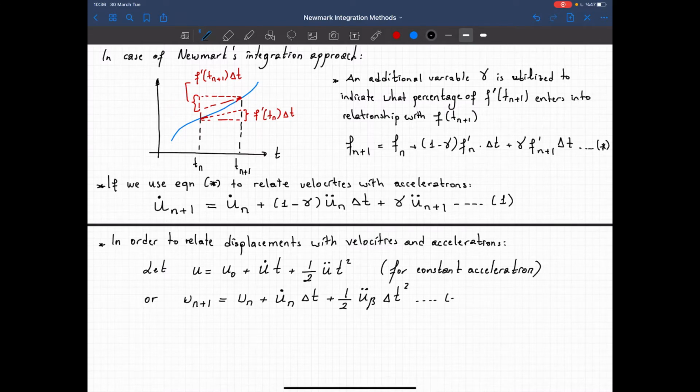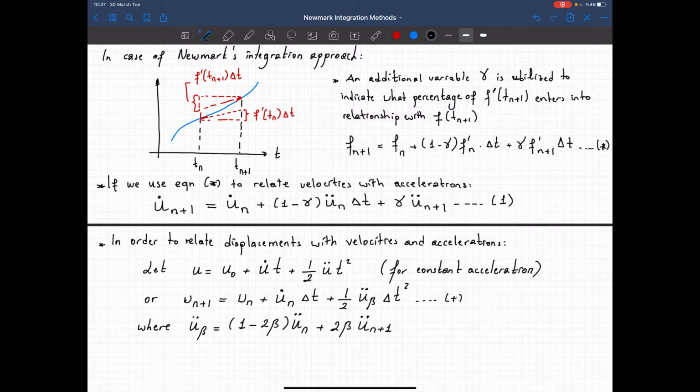Let's call it equation plus, and in this equation u double dot beta is defined as follows: 1 minus 2 times beta u double dot n plus 2 times beta u double dot n plus 1.